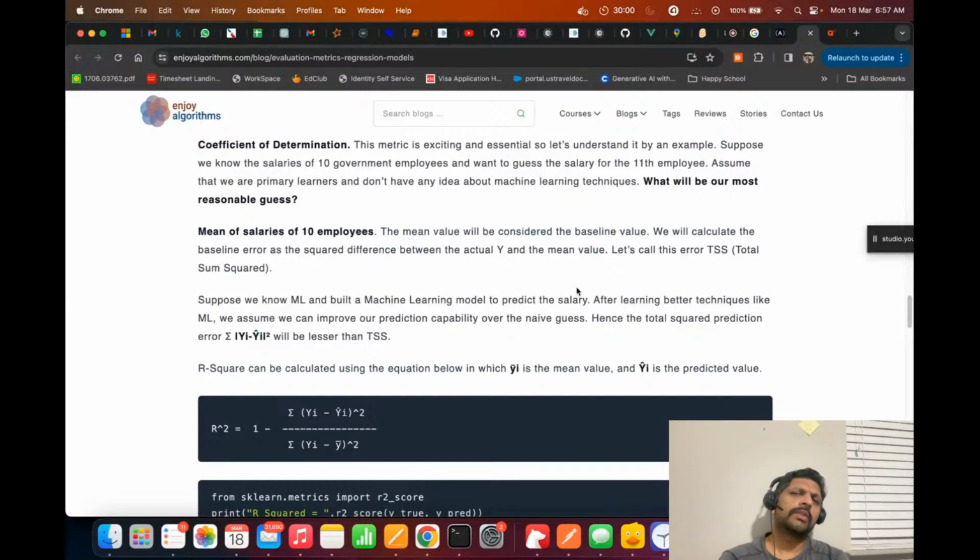The mean value will be considered the baseline value. Let the baseline error be the squared error differences between the actual y and the mean value.